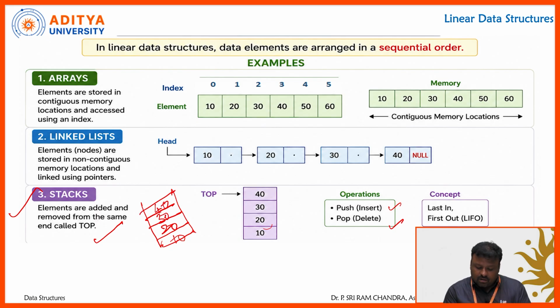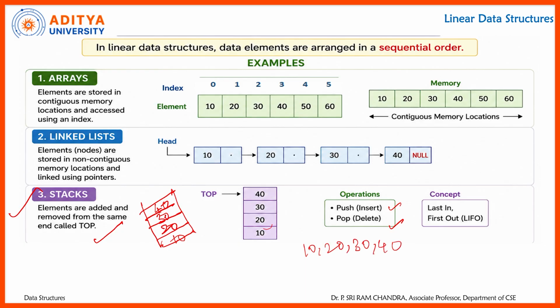This is the order of insertion: 10, 20, 30, 40. And the order of deletion is 40, 30, 20, 10. So the last inserted element will come out first. The last inserted is 40, and the first out element is also 40. This is the principle of stack, last in first out.